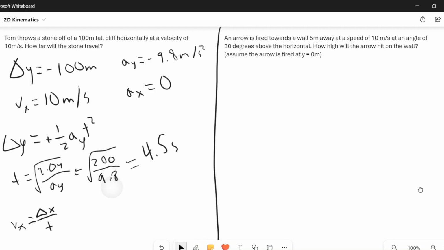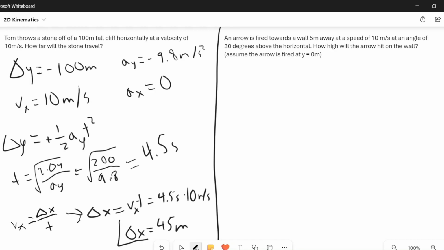You can rearrange this to get that delta x equals Vx t, which is 4.5 seconds times 10 meters per second. And this should equal 45 meters. So that's how far the stone will be from the base of the cliff, roughly.